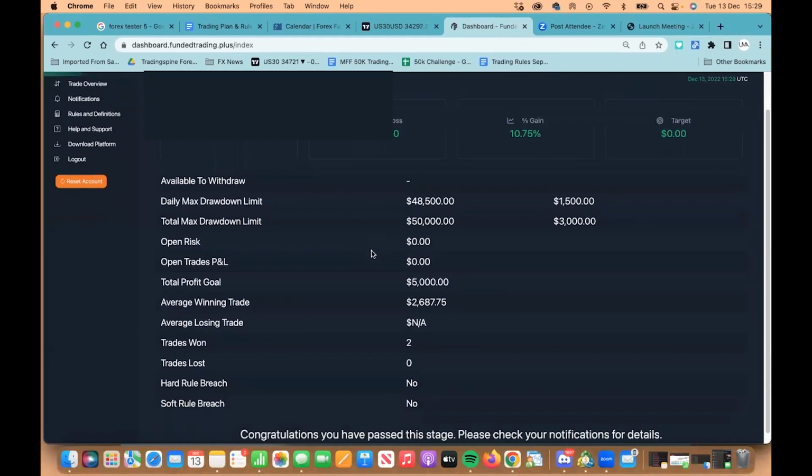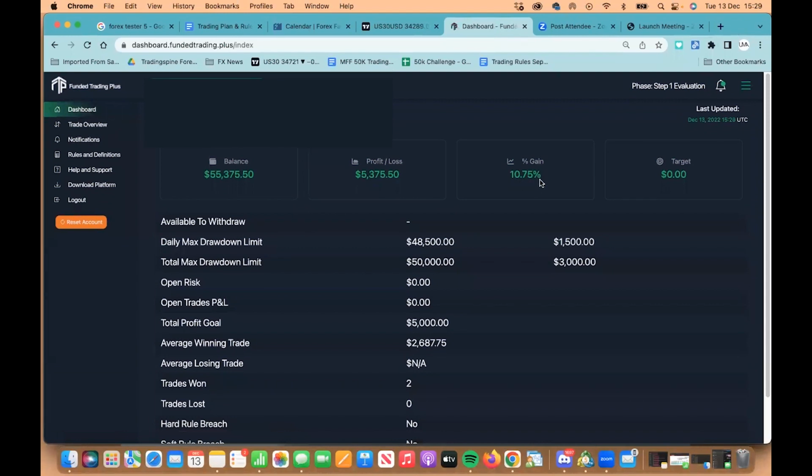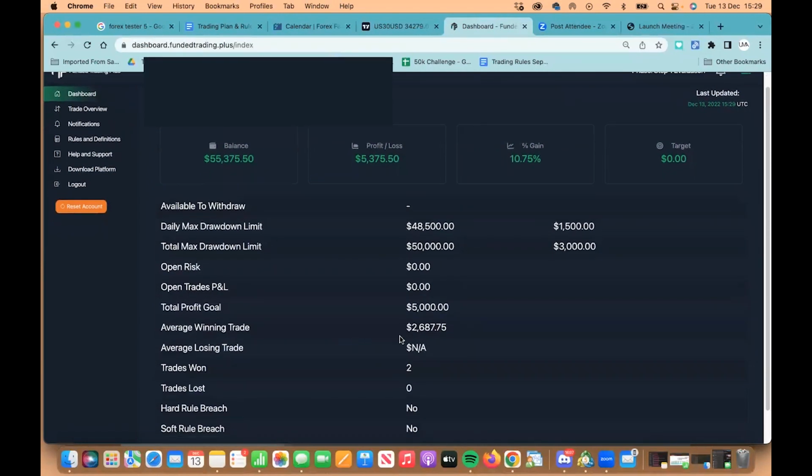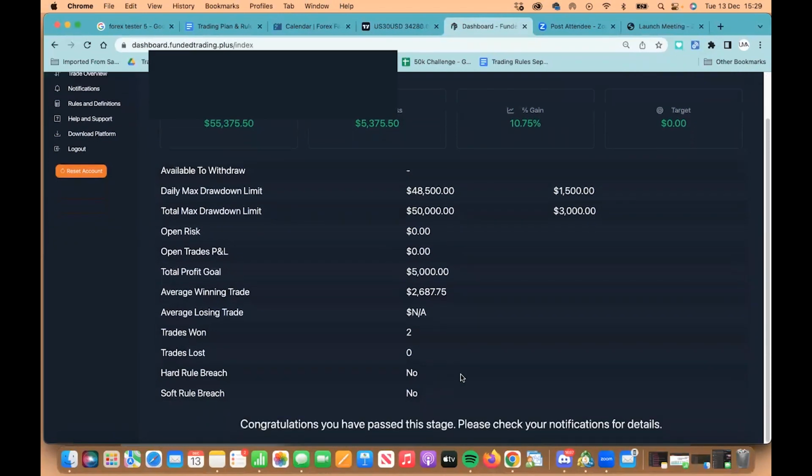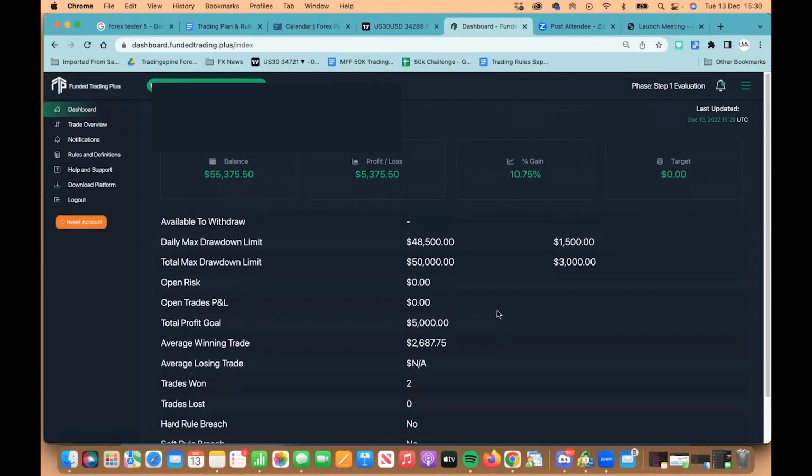Profit gain is over 10%, 10.75%, target zero. Average win in trade is 2,667. Trades 1, 2, hard wall breach, soft wall breach, nothing. Congratulations, you've passed this stage. Please check your notifications for details.